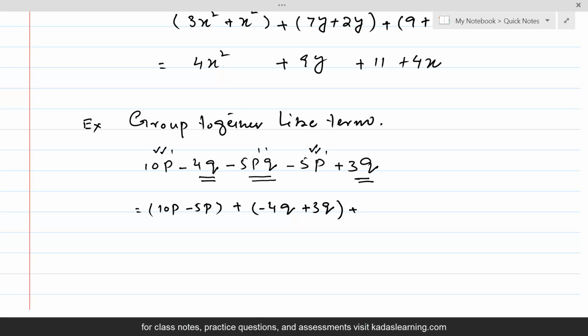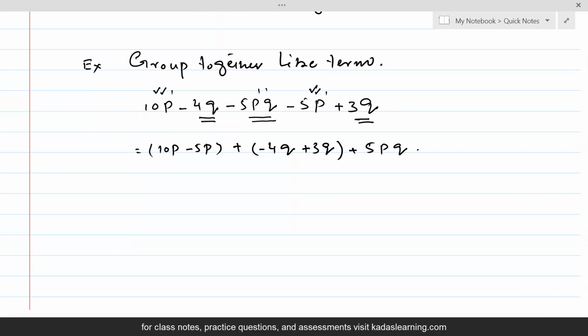By the way, what is the degree of the first term? The degree is the sum of powers or exponents of all the variables present in that term. So this minus 5pq is unlike any other term, and that's why it should stay separate.